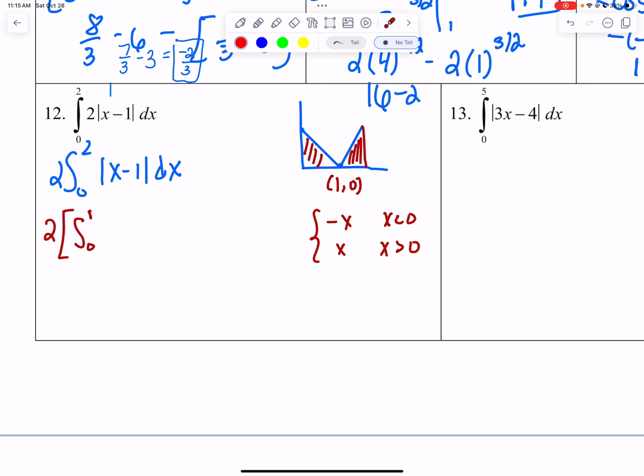The same process is going to happen here where we have negative x minus 1 or negative x plus 1, which kind of makes sense because this is going to be 1 right here. So for your left area, you're going to have negative x plus 1 dx. Your right area, well, that's still going to be x minus 1.